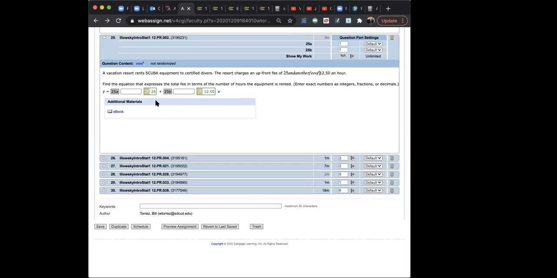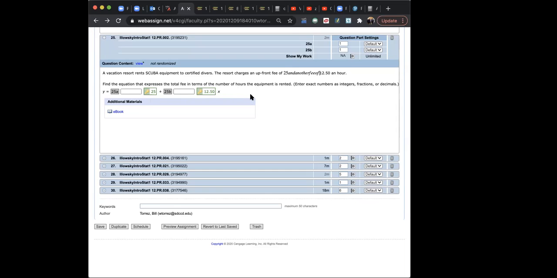We've got a linear function, don't we, where we're adding 25, that would be the y-intercept. So y is equal to the y-intercept plus the slope times x. And the slope is 12.5. That's the hourly charge, okay?